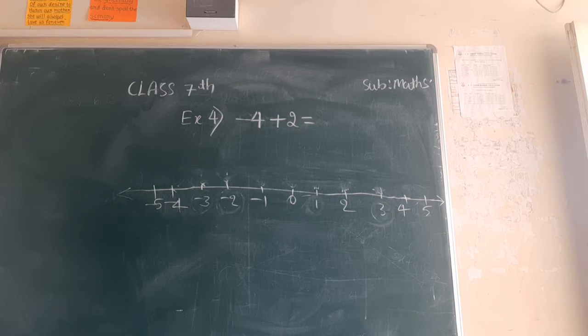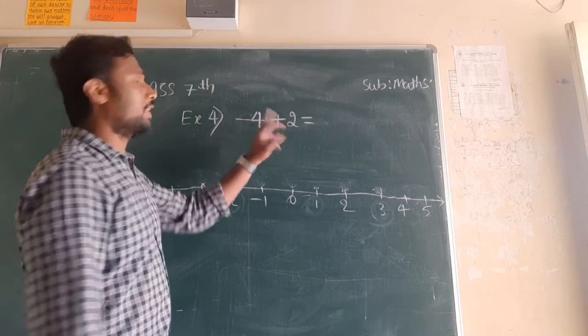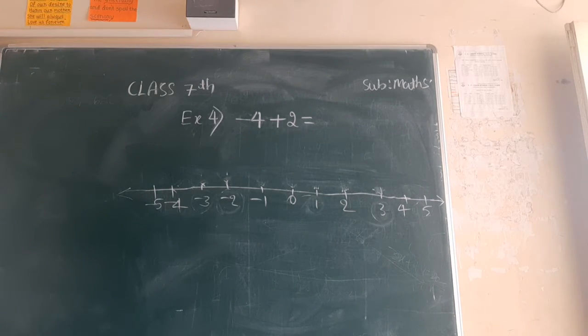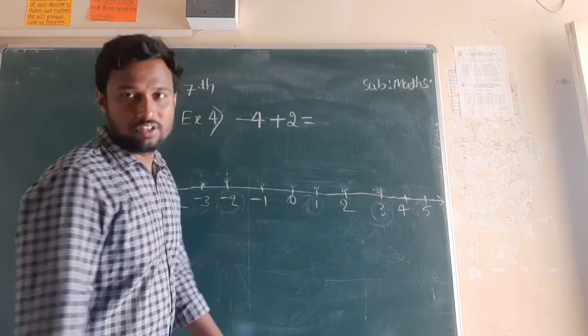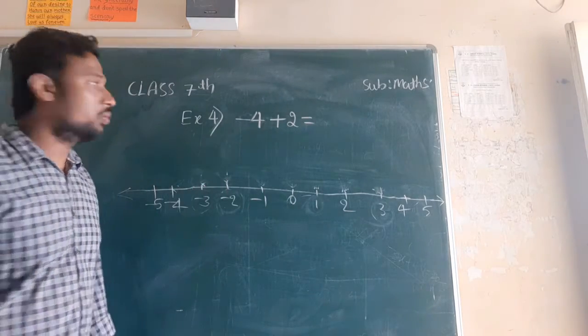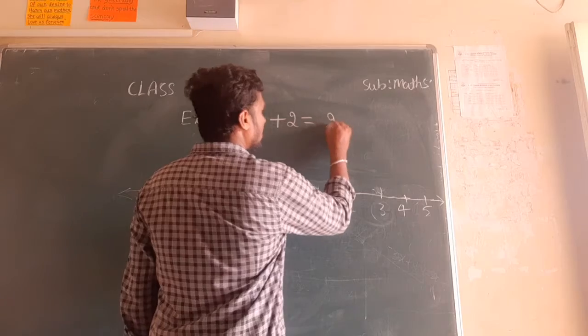Okay. So again here you can see minus plus. Minus into plus, minus. And minus means what we have to do? We have to subtract. So 4 minus 2 means what we will get? 2. So here I will write 2.